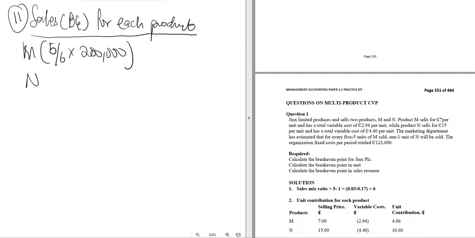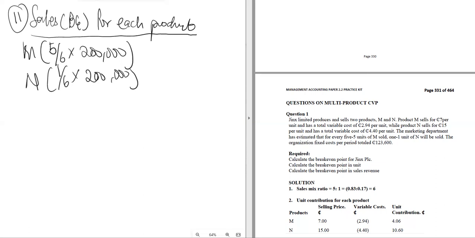And when I take N, I'll take my 1/6 and multiply by the 200,000. They should give me the sales revenue for each product, right? And it should give us something closer to the 140,000 and the 60,000 that I got, or if not closer, the same amount.